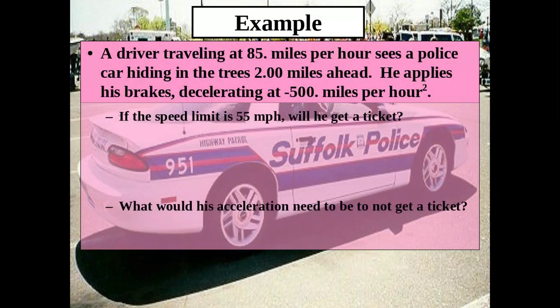He applies his brakes, therefore he's decelerating, which means he's slowing down at a deceleration of negative 500 miles per hour squared. We want to know, will he get a ticket if the speed limit is 55 miles per hour? Well, we need to know what his actual speed is traveling with this deceleration. So we need to find his final velocity.